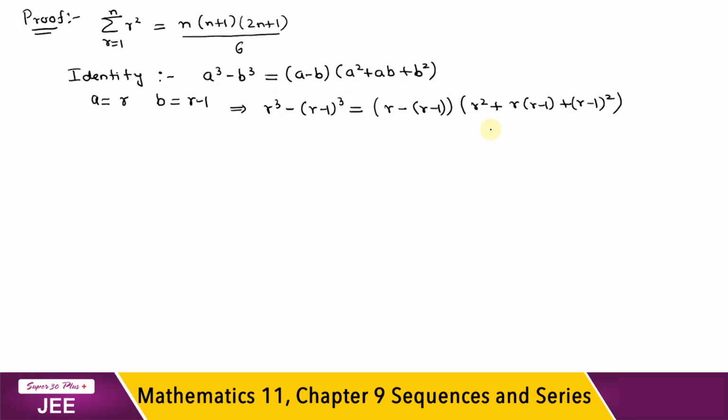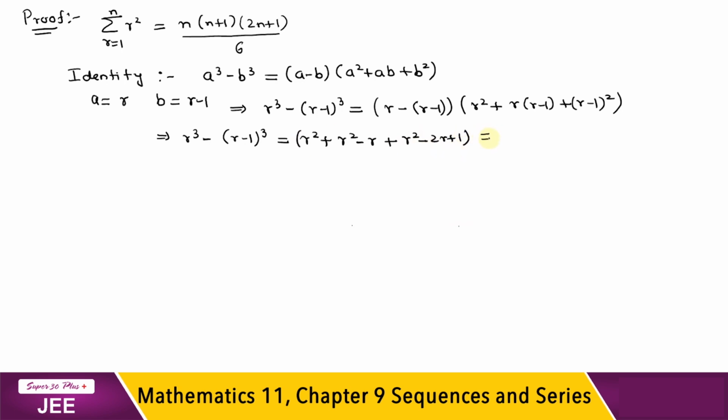Now let's simplify a bit. We have r cube minus (r minus 1) whole cube equal to, this bracket becomes equal to 1, so we are required to solve this one. This is r square plus r square minus r plus r square minus 2r plus 1.